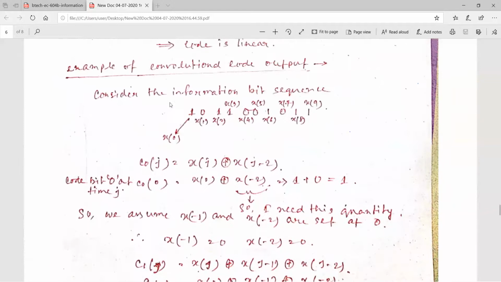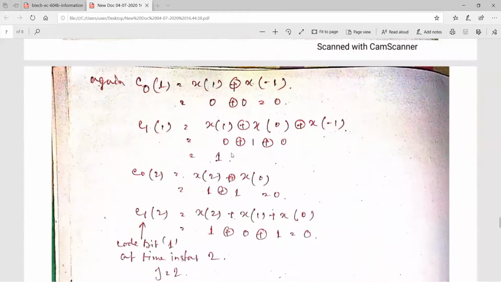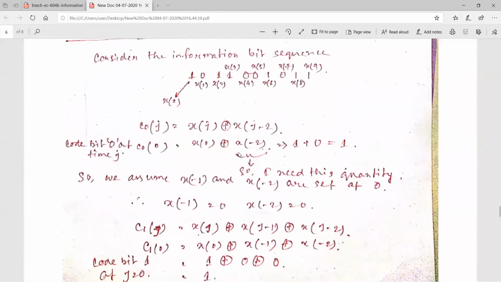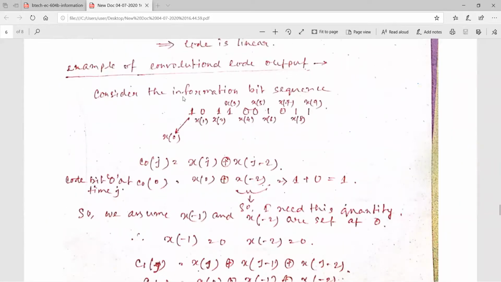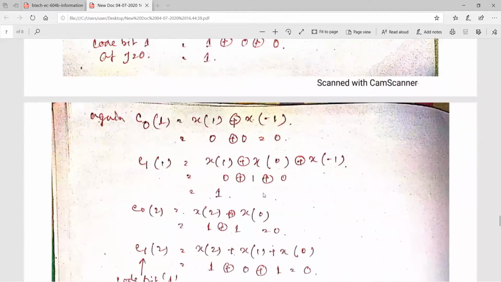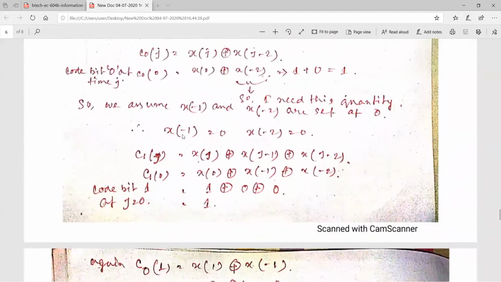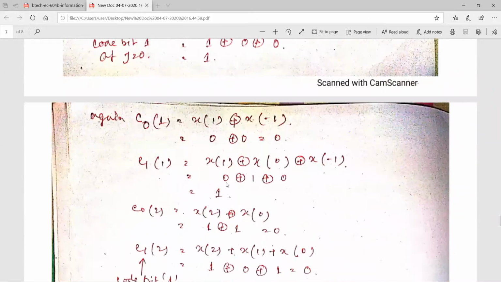The value of x1 is 0, so 0 XOR x0 value. What is the x0 value? From the information bit which is already given to you, x0 equals 1, so XOR 1. Then x of minus 1, you considered this as 0, so 0 XOR 0 is 0, and 1 XOR 0 is also 1. So the value is 1, so C11 is 1, C01 is 0.